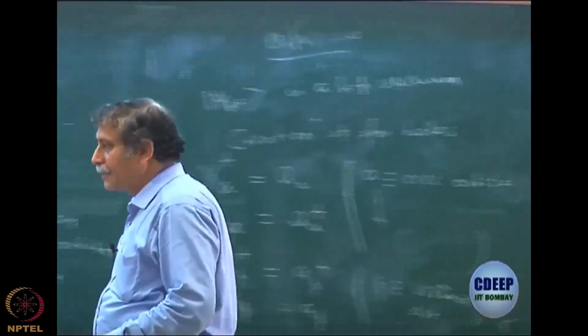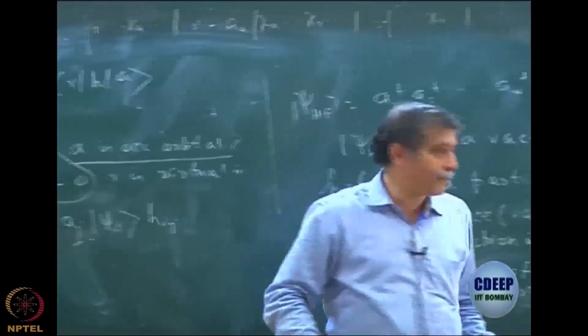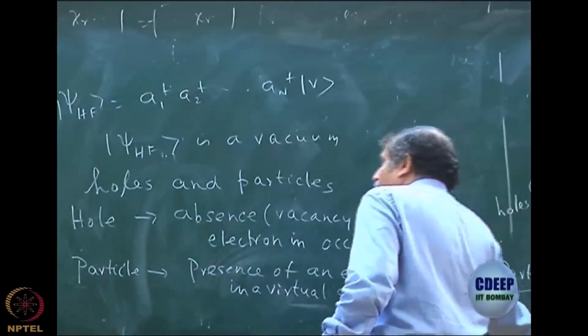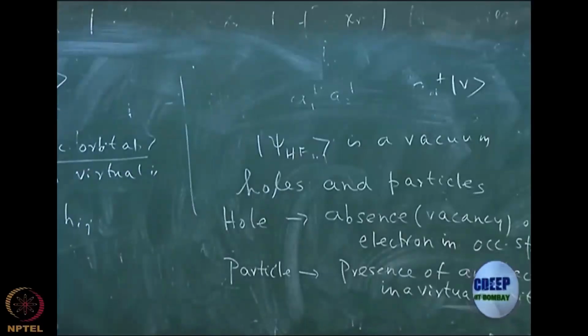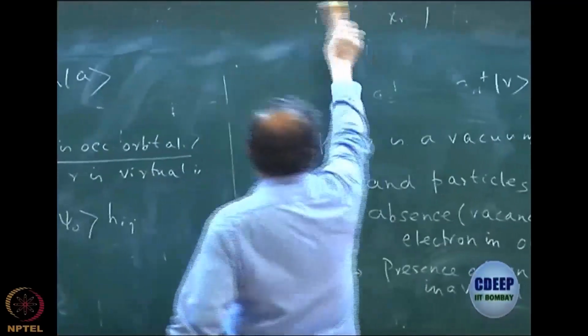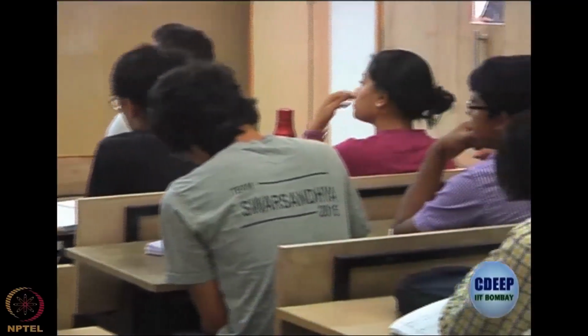So, now you can see, I will come back to this problem or any other things. So, let us see now that if I have a Hartree-Fock, why this is a vacuum now, if there is reference to the hole and particle. So, let us assume that X_A is acting on psi Hartree-Fock. Now, you see A is an occupied orbital.